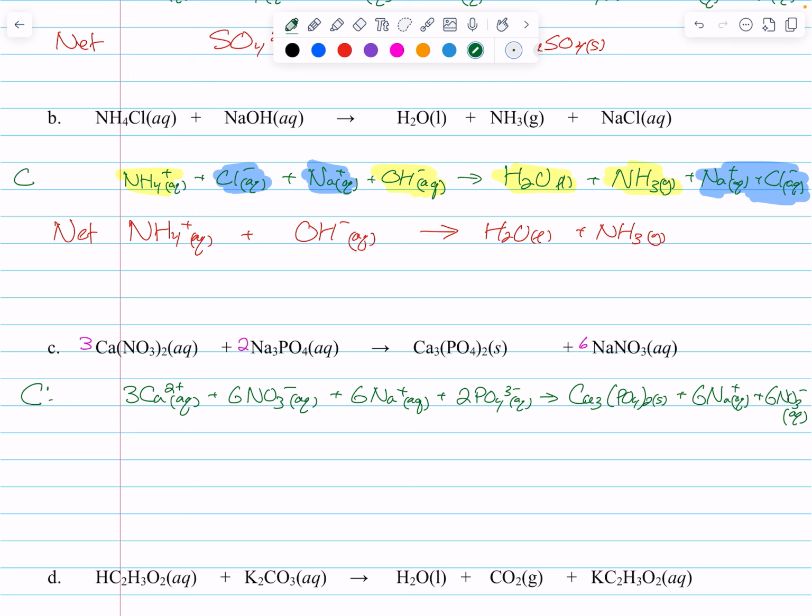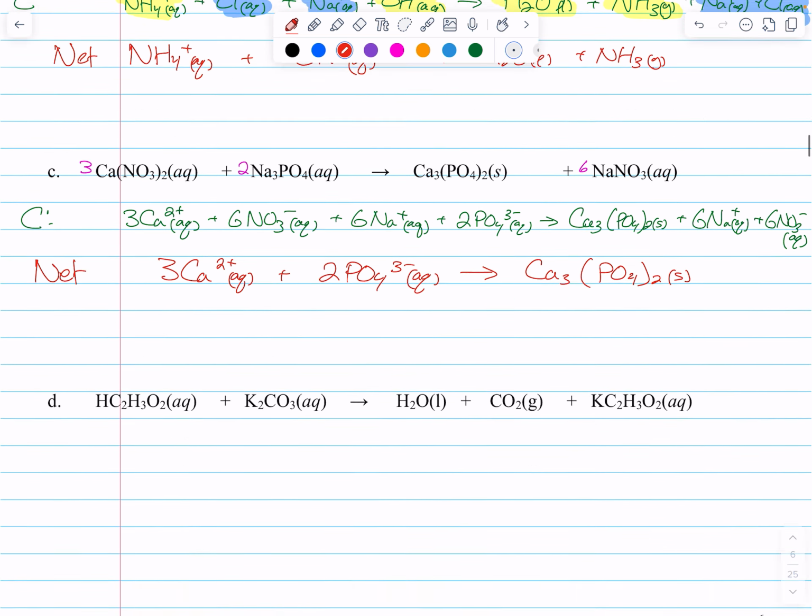And our net ionic equation would be what? 3 calcium ions plus 2 phosphates, giving us calcium phosphate. All right.